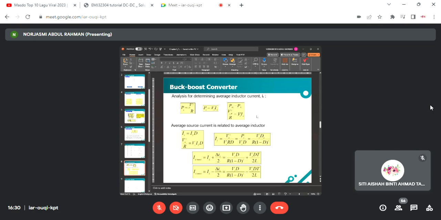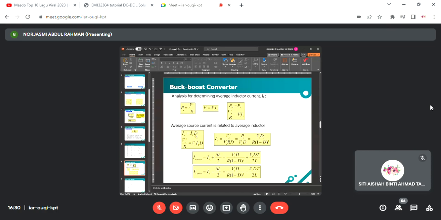Okay. So from there, we know that the source voltage equals the inductor voltage times the duty cycle. Why? Because during the switch on, the inductor will store energy and develop the current, so it only appears during the switch on.